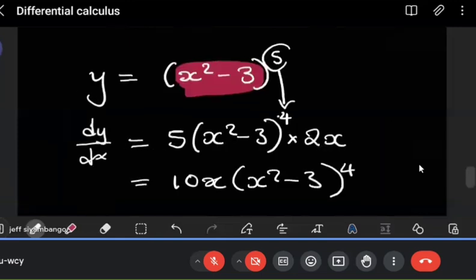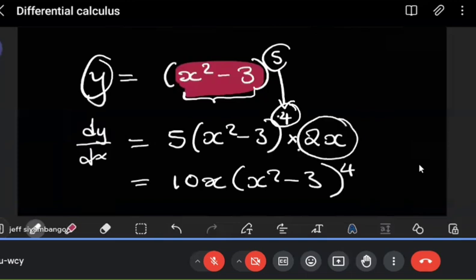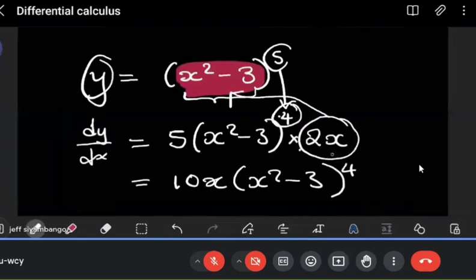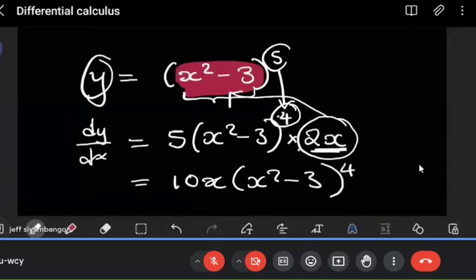U is this argument, what is inside here. So first, differentiate y with respect to u, meaning just basically focusing on the power. The power multiplies here, and then it reduces by 1, and then multiply it by the derivative of u, meaning the derivative of the argument of that term in the brackets.